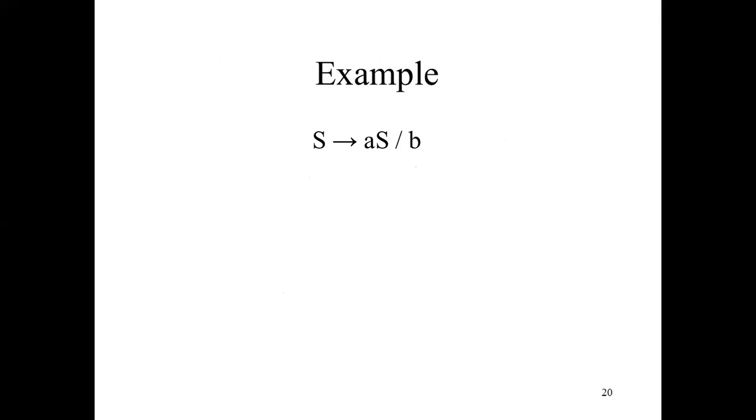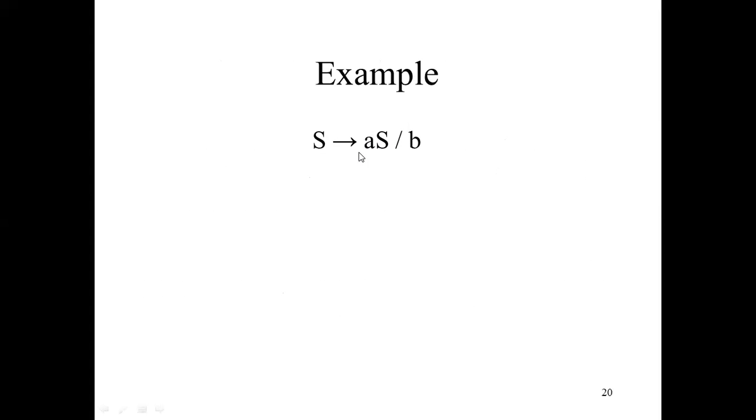Now here we are considering again an example, S arrow. Here we are writing A and then S, or B. So here we are going to proceed in just the reverse direction.